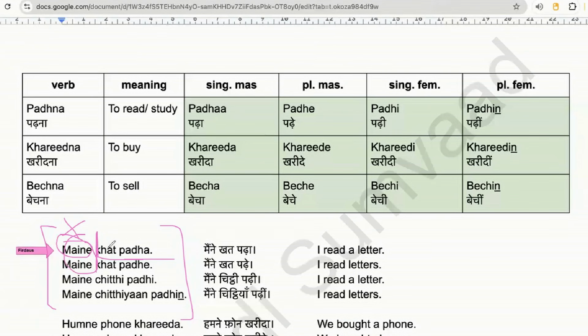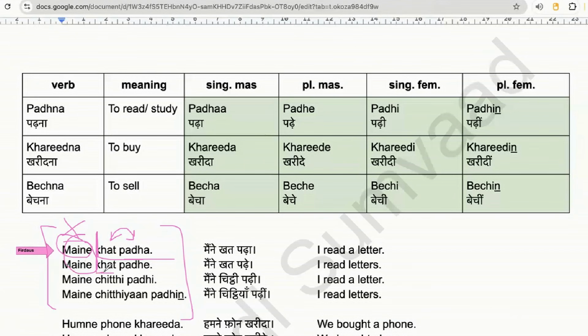खत is a letter, which is a masculine word, singular masculine word. Padha, so I should say padha, not because मैंने is a male, not because the speaker is a male, but because khat is a masculine object. Then मैंने खत पढ़े.